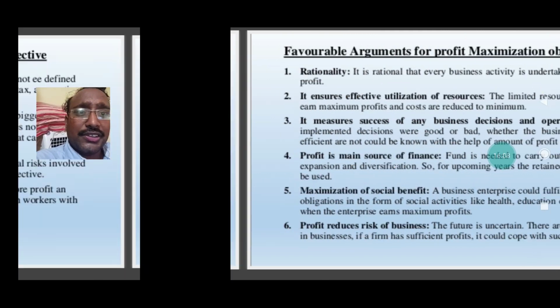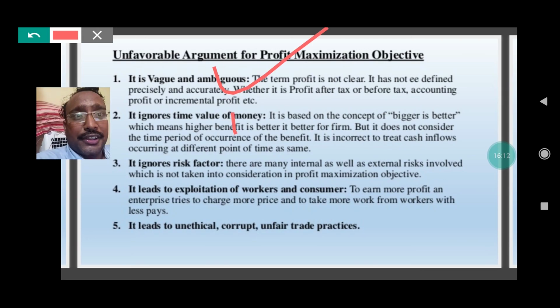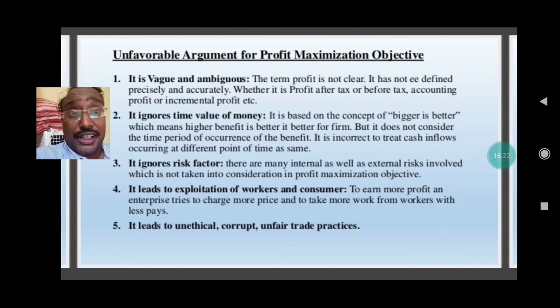These are the advantages. Similarly, it is vague, that is a disadvantage. It does not consider the time value, it does not consider the risk factor, exploitation of workers is possible, unethical practice is possible. So these are all the advantages and disadvantages of profit maximization.